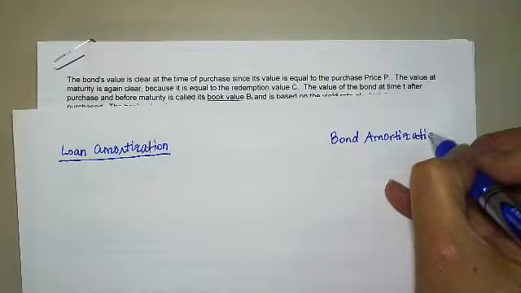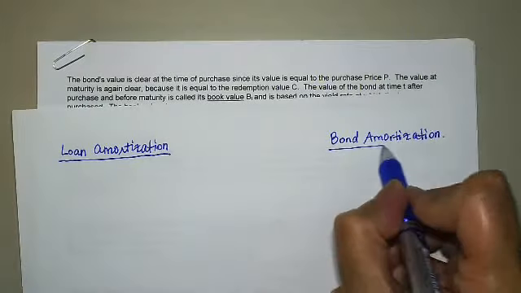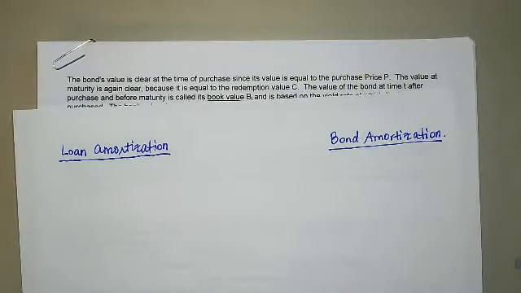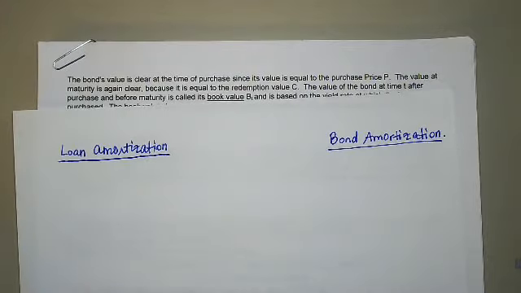And here's the bond amortization. Because as we said before, the bond is just the investor, the guy who's buying the bond, now loaning the government the money, or IBM. Let's say the bond is issued by IBM.